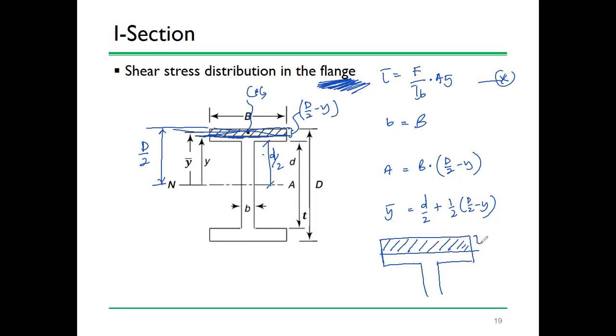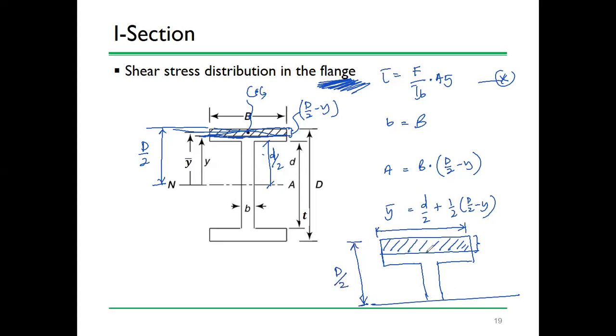So we need here, and we also need from here to here. If this is my neutral axis, for this type of section, we note that from here to here will be the capital D over 2.